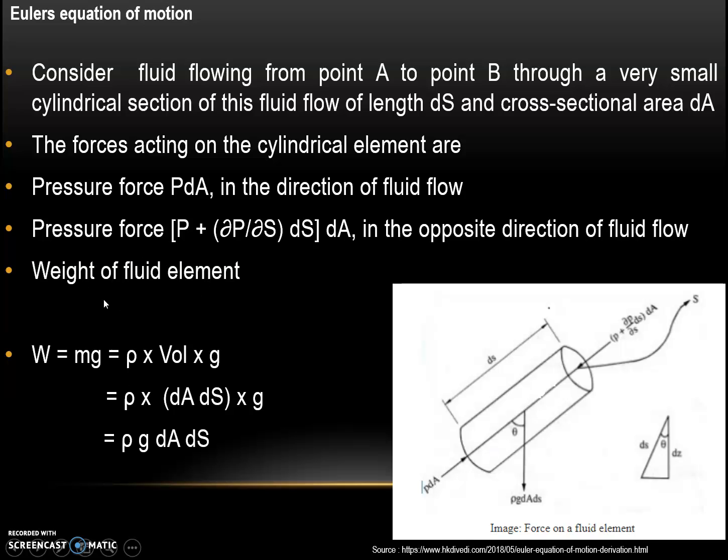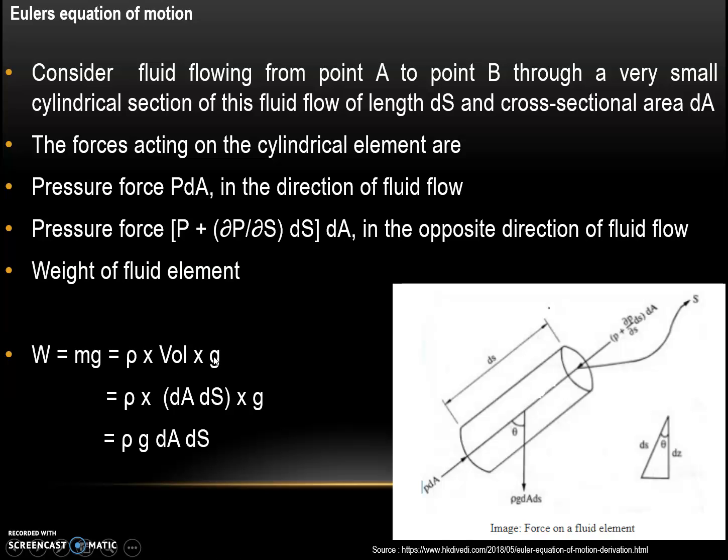Now let us consider the weight of the fluid element, which is equal to mass into acceleration due to gravity. So W is equal to m into g. If we write m in terms of density, we know that density is equal to mass by volume, so m can be written as density rho into volume.